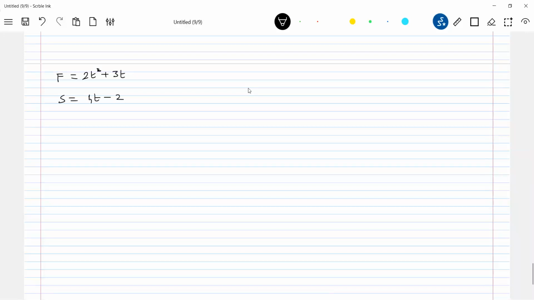So can we calculate the work done by this force? Look at the force: is it constant or variable? It's time varying, no? And the position of the particle is given by this one.